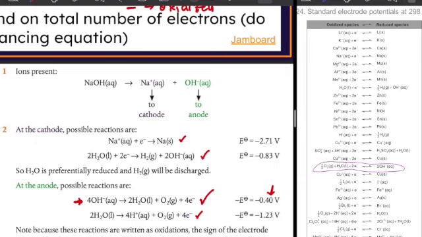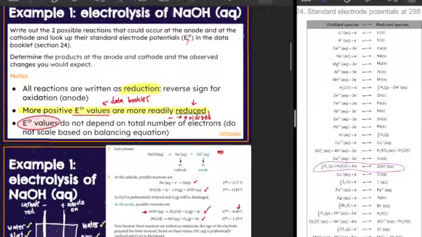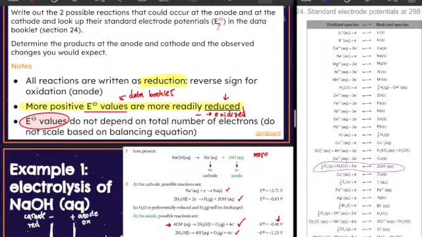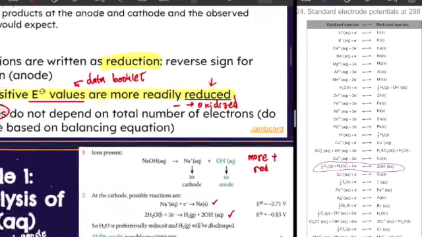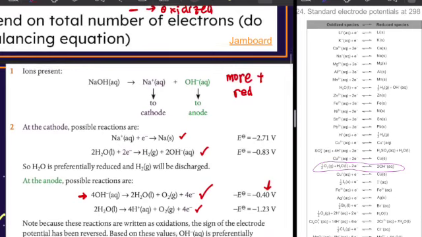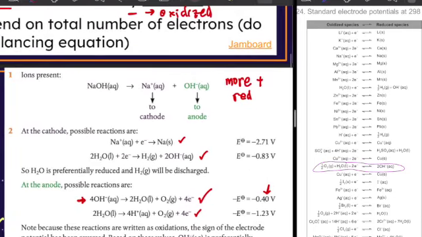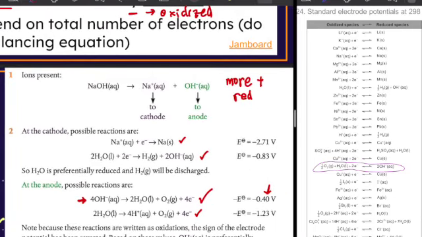All right, here's where we have to pay really close attention, and it does get a little tricky. Let's remind ourselves, the more positive E naught value is reduced, and the more negative is oxidized. At the cathode, I know for sure the thing that's going to happen is reduction.